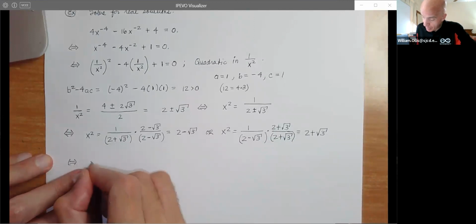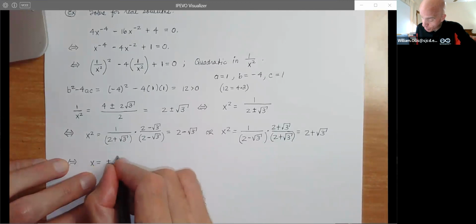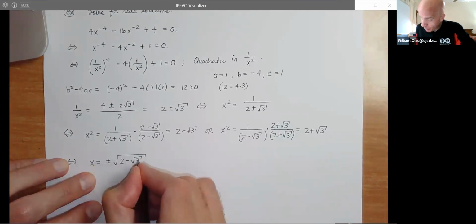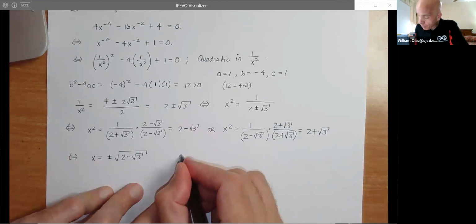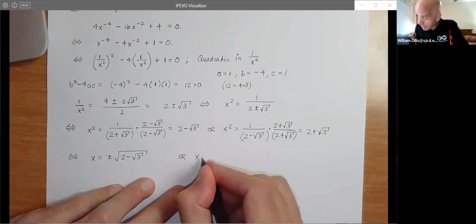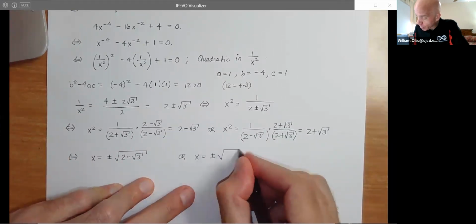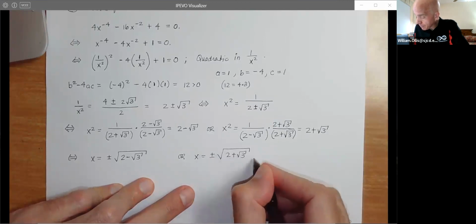So x equals plus or minus the square root of 2 minus square root 3. The square root property is very useful. Or x equals plus or minus the square root of 2 plus square root 3.